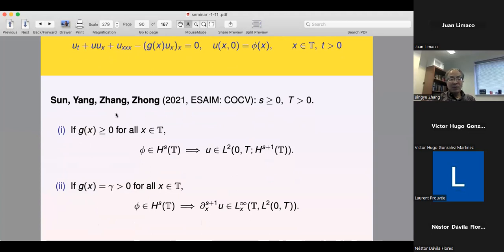This work appeared in 2021. But of course, we were not very happy about this one, because why does it have to be constant in order to get sharp Kato smoothing? Can we get sharp Kato smoothing for the general case? We were not very happy about these results, so we kept working on that.